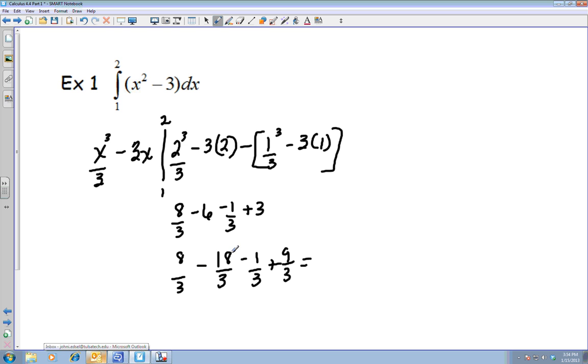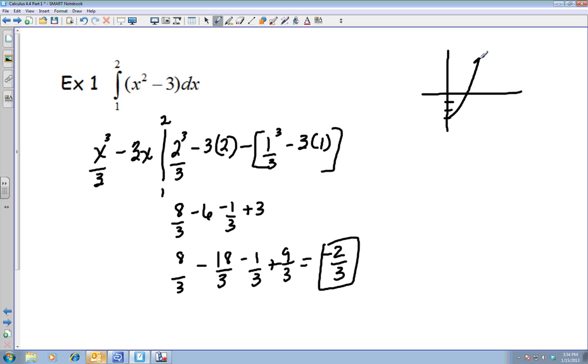So 8 minus 18 is negative 10, negative 11 plus 9, negative 2 thirds is my area. And that kind of makes sense because if I think about it, just to give you a quick sketch, this is that, and I'm going from 1 to 2. So doesn't it make sense that my area is negative because it's going to be below the x-axis?